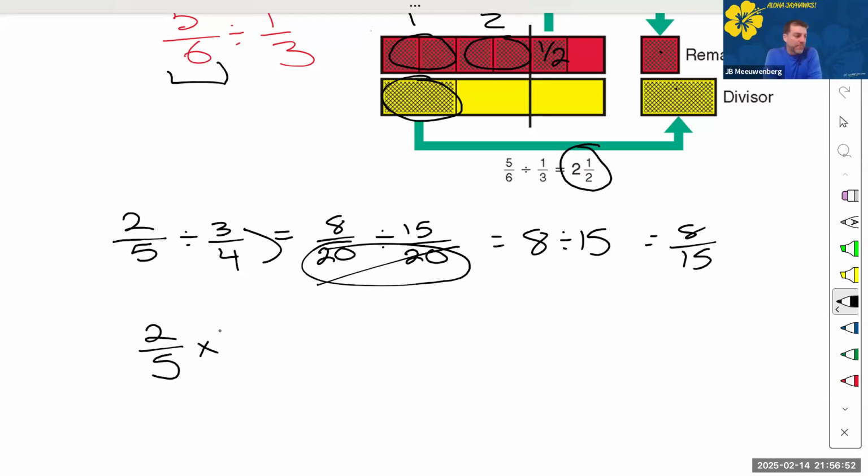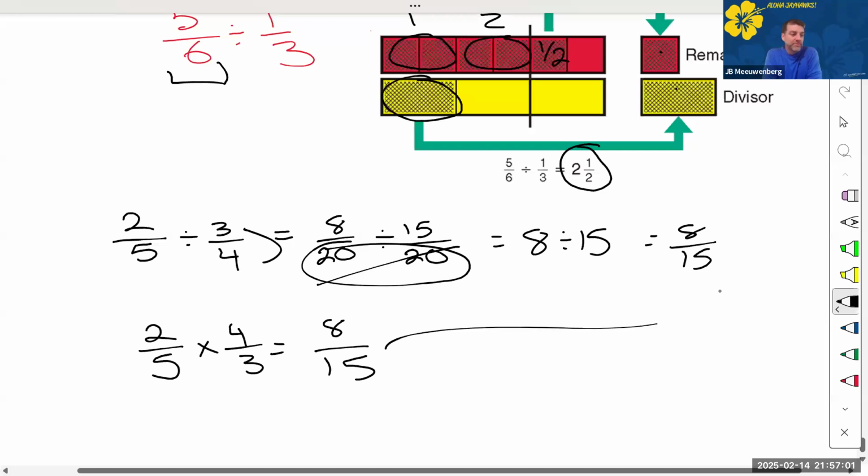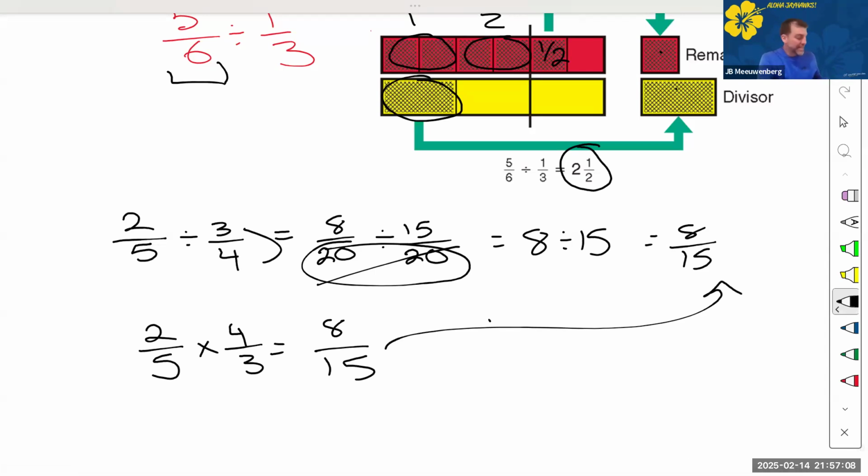It's called the reciprocal, 4/3. And then it's a multiplication problem. 2 times 4 is 8. 5 times 3 is 15. Notice we got the same thing here as we did here. So again, a couple different ways to examine that.